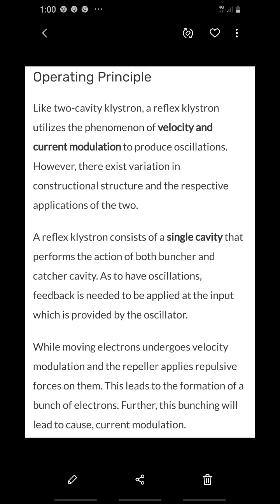However, there exists variation in the constructional structure and the respective applications of the two. A reflex klystron consists of a single cavity that performs the action of both buncher and catcher cavity.